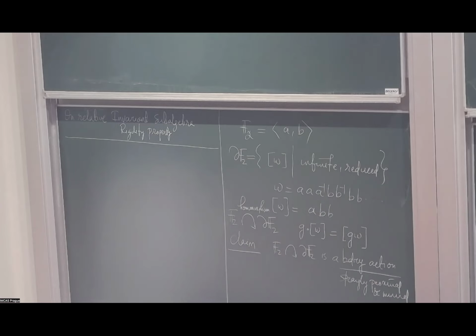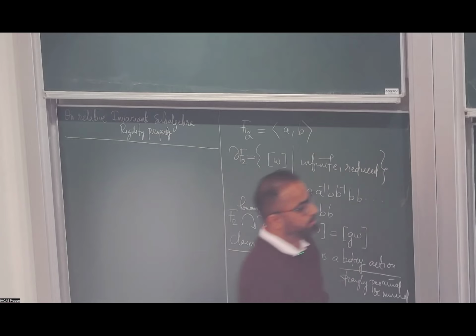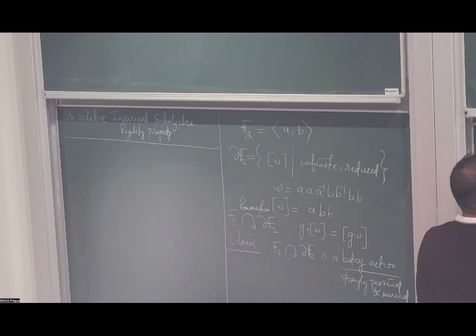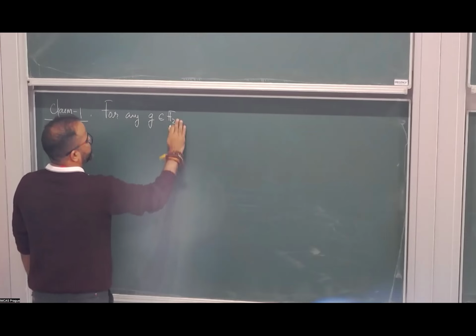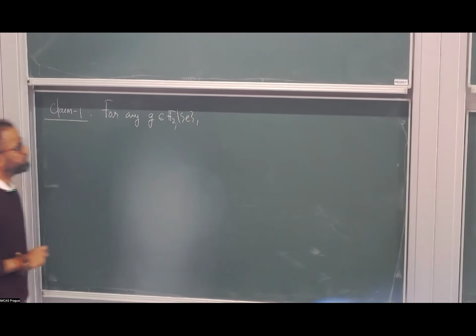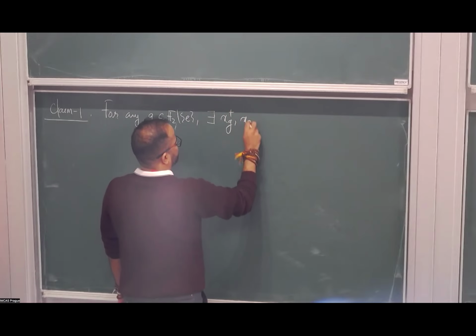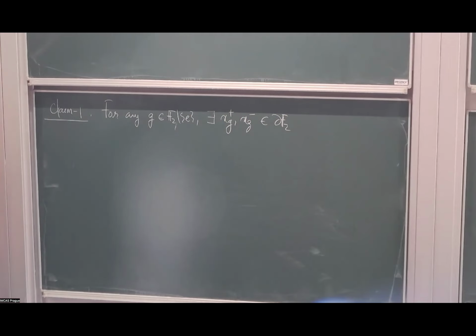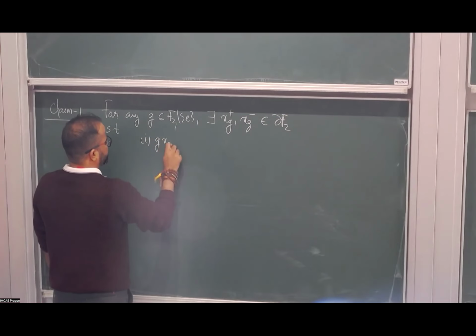I claim that if you give me an element g in the free group F2 which is not identity, I can find exactly two points on this space, the boundary of F2 that I defined, such that g fixes these points.